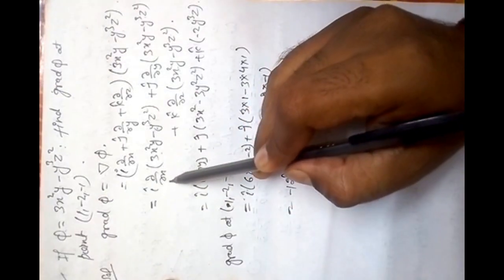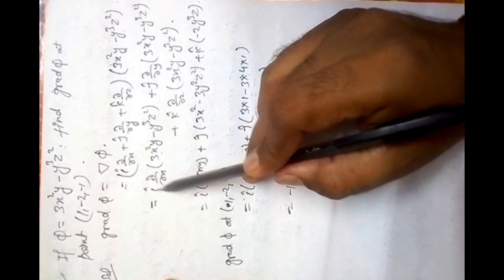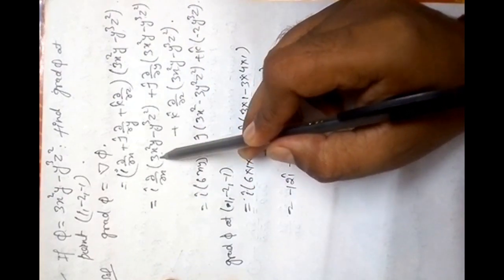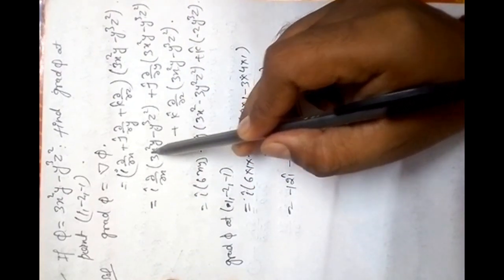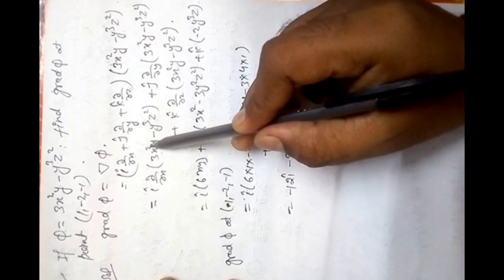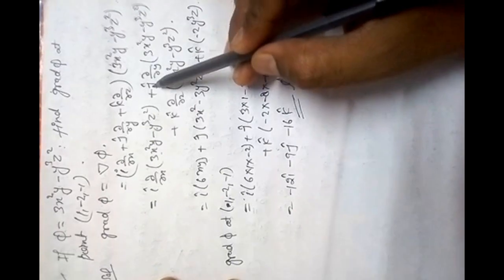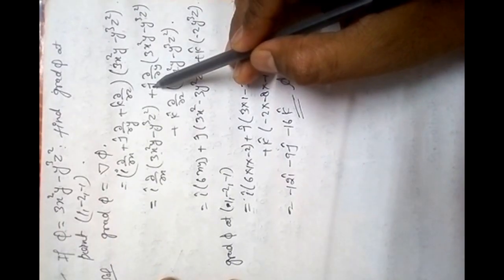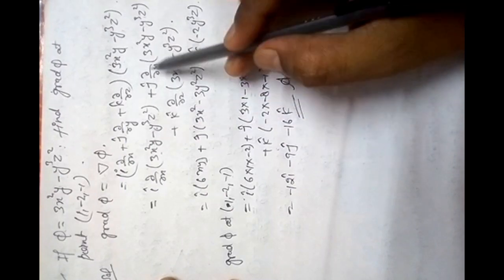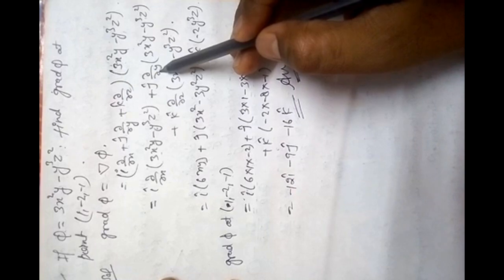Okay, here we partially differentiate with respect to x, then we get i. Partial differentiation with respect to x means we only differentiate x, taking y and z as constants. So we get 3 into 2, 6xy, and here is 0. In this term, j, differentiate y partially.